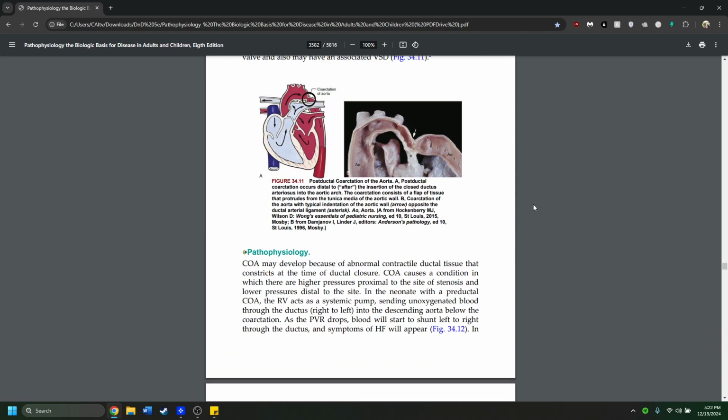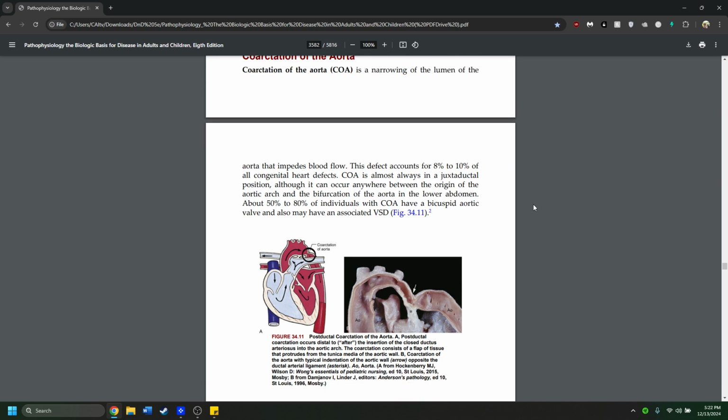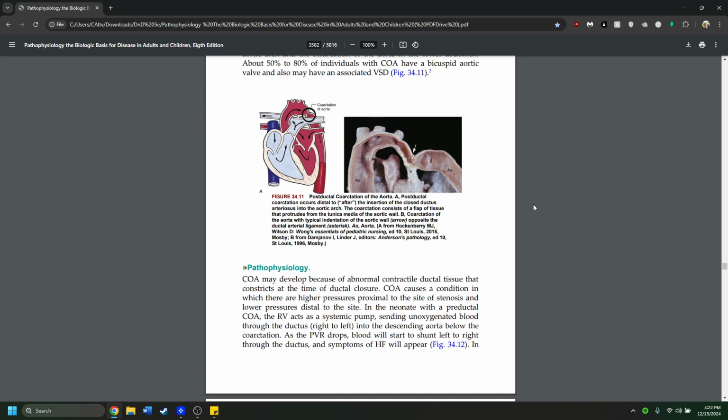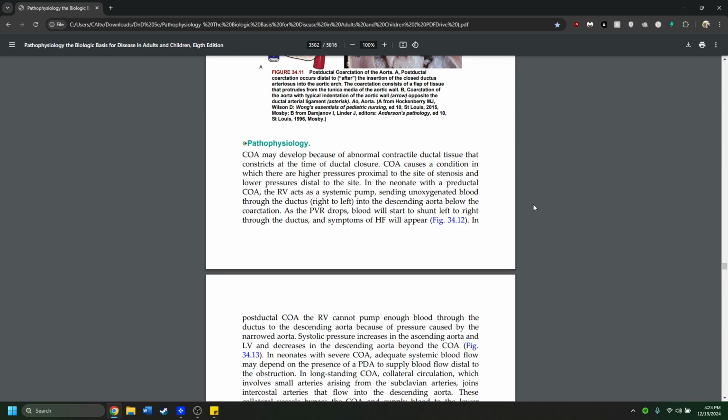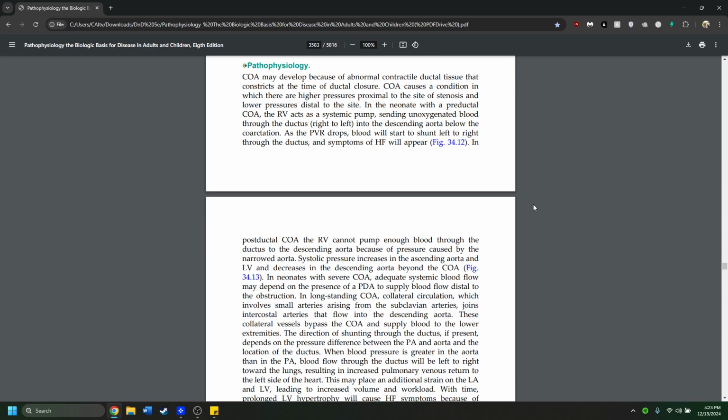So our coarctation of the aorta, our COA, may develop because of abnormal contractile ductal tissue that constricts at the time of ductal closure. COA causes a condition in which there is a higher pressure proximal to the site of stenosis and lower pressure distal to the site.